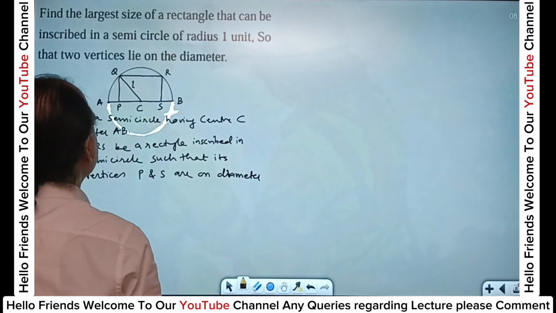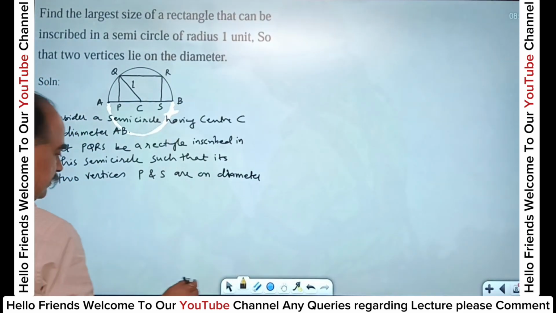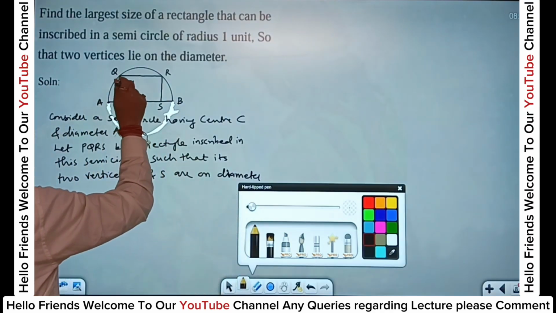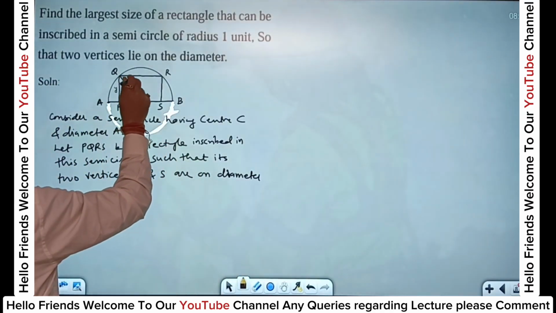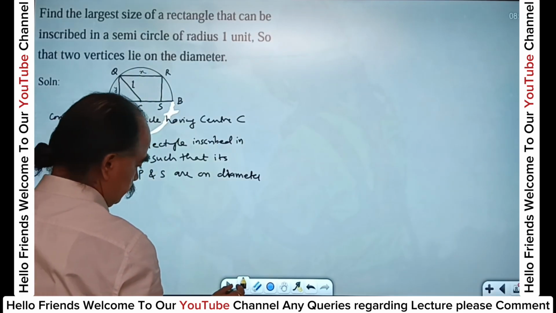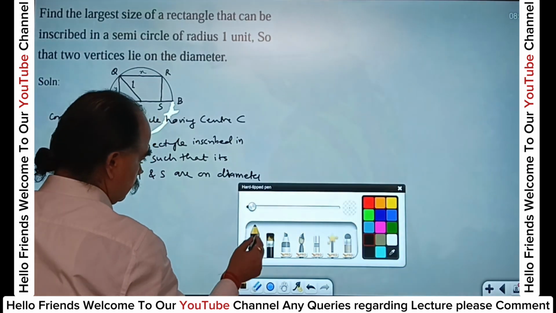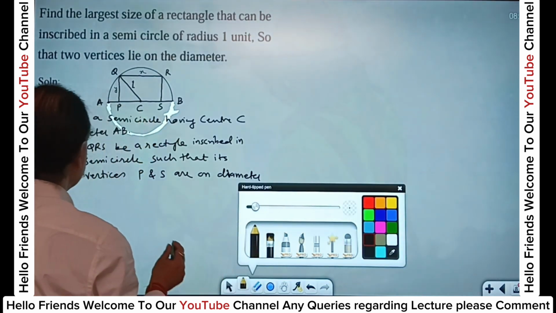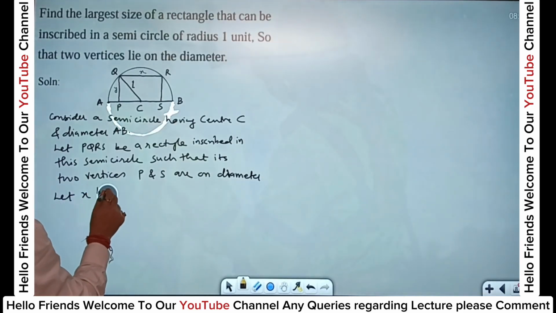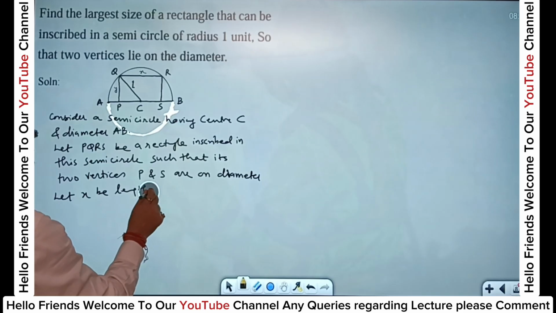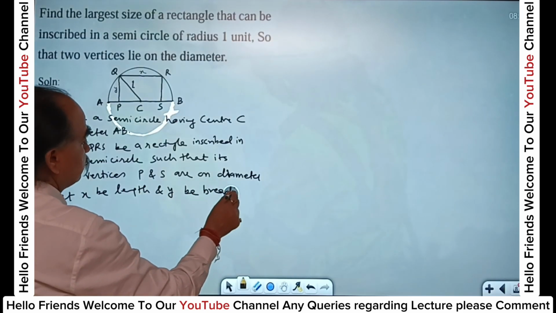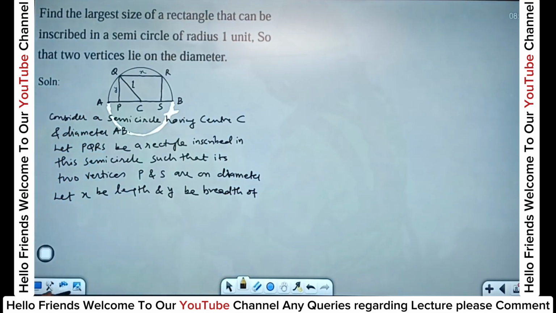We will assume breadth as y, and length as x. Let x be length and y be breadth of rectangle.